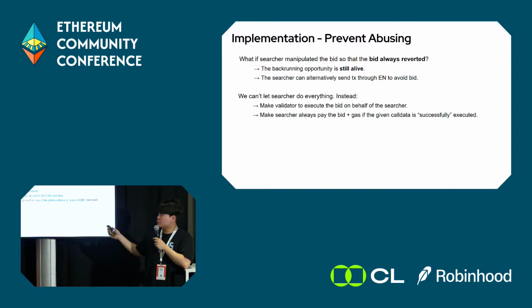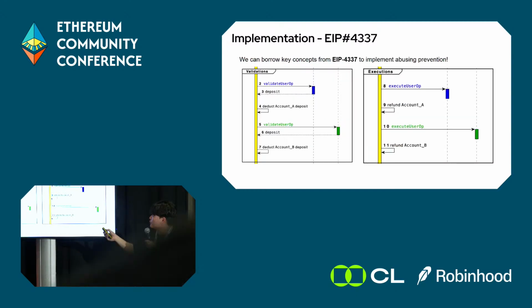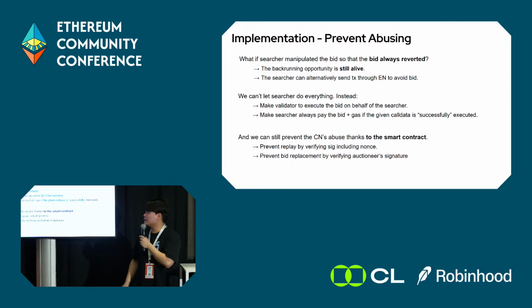So this can happen, ignoring our auction system and trying not to pay the bid. Due to this reason, we cannot let the searcher do everything, but instead we borrow some idea from EIP 4337. I will explain later.